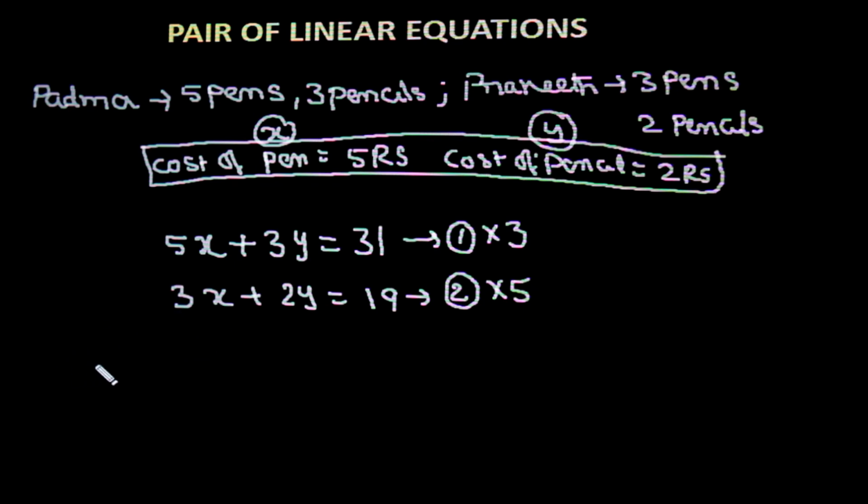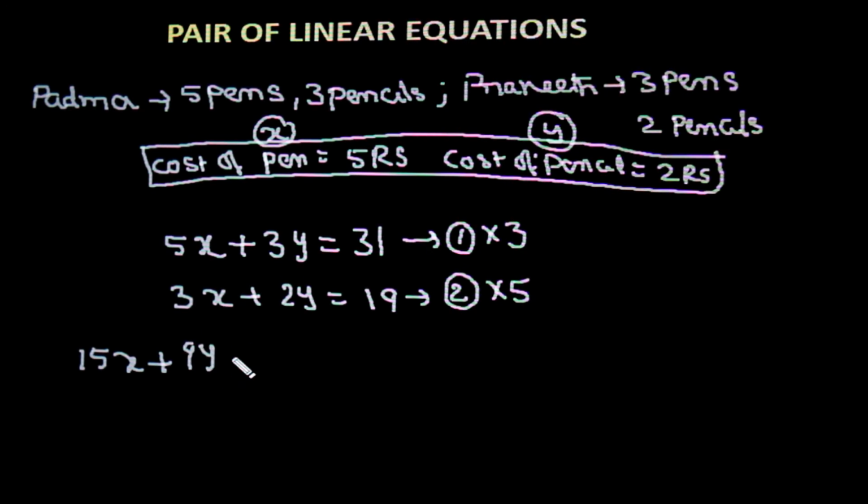Multiplying the first equation by 3: 3 5s are 15x plus 3 3s are 9y, and 3 31s are 93.